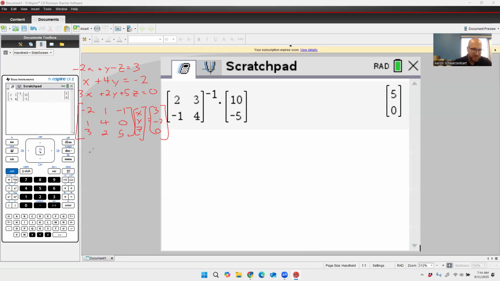And so ultimately when I want x, y, z, I do the inverse of my 3x3 times my answer matrix. We'll go into the theory of why that works at 1.14.